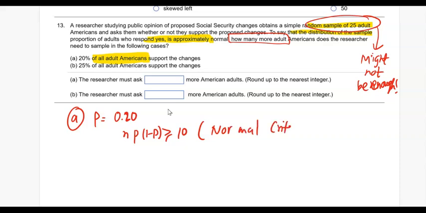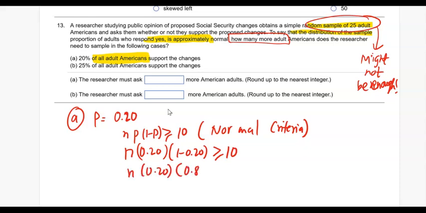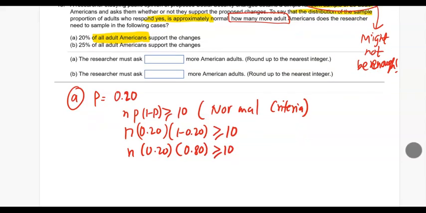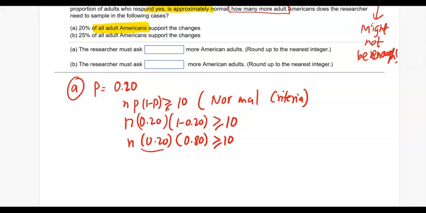I don't know what n is going to be; that's what I'm looking for. n times 0.20 times (1 minus 0.20) is greater than or equal to 10. So n times 0.20 times 0.80 is greater than or equal to 10.